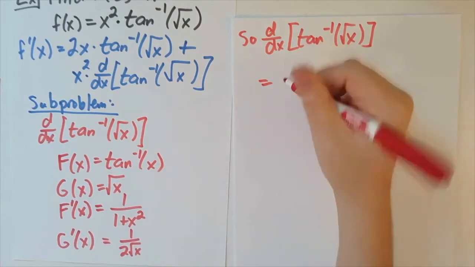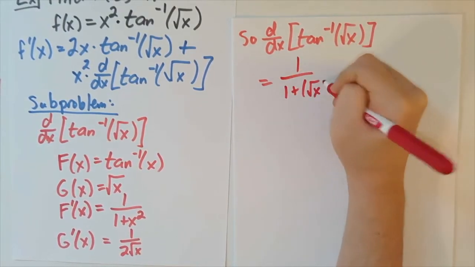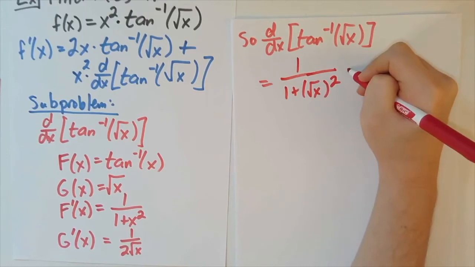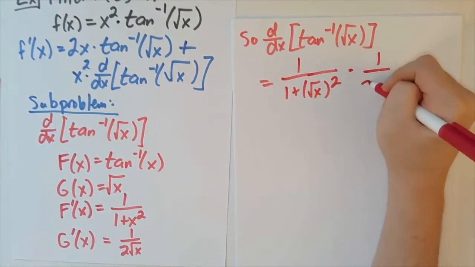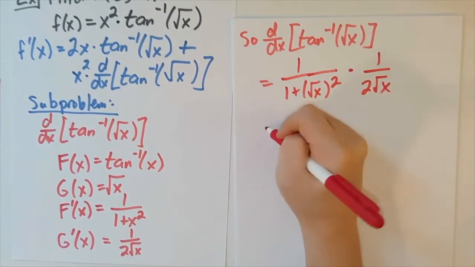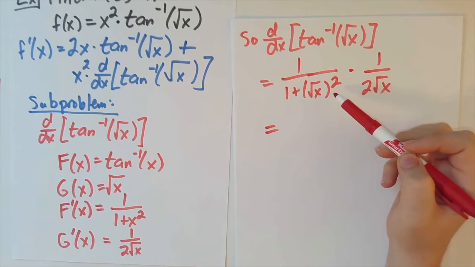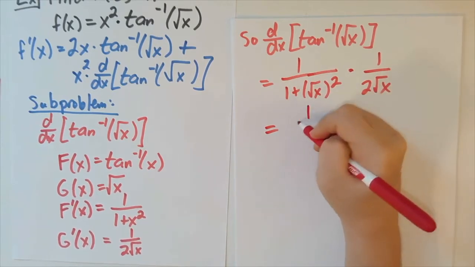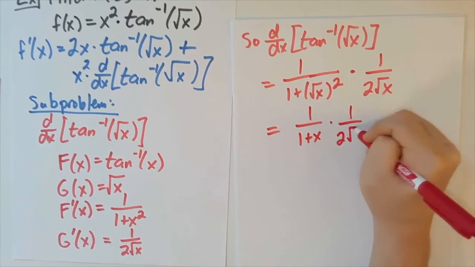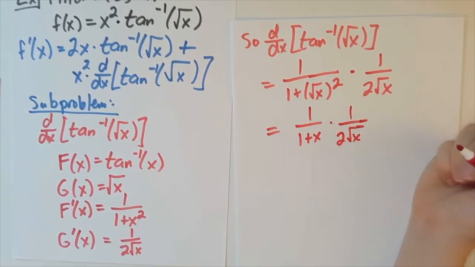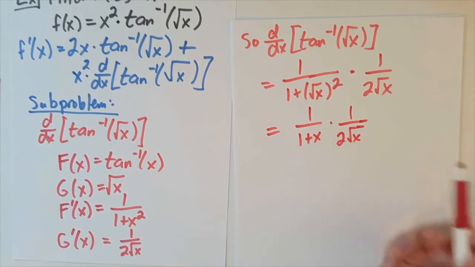Okay, so f prime of g here will be 1 over 1 plus the square root of x squared times g prime, which is 1 over twice the square root of x. And so if I tidy that up a bit, you might actually notice that the square root of x squared is just x. So this is 1 over 1 plus x times 1 over 2 square root of x. And we can leave it that way for now, or if you want, you can combine these denominators, whichever way you like.